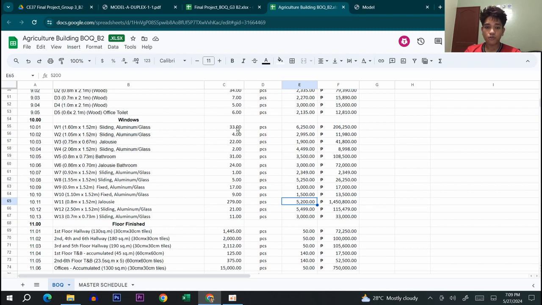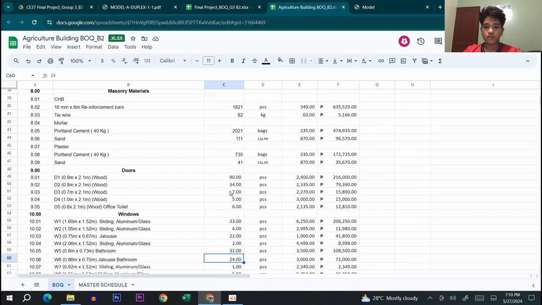Then window 1, window 3, window 5, and window 4. These are most likely the sliding windows that have been measured. Although some of these numbers are very close to each other, I just kept them separated to really put a price on each type of window.